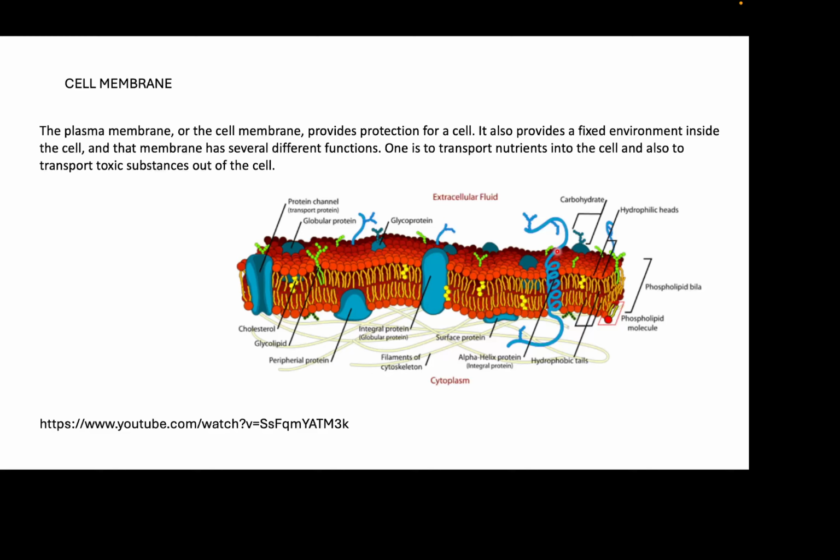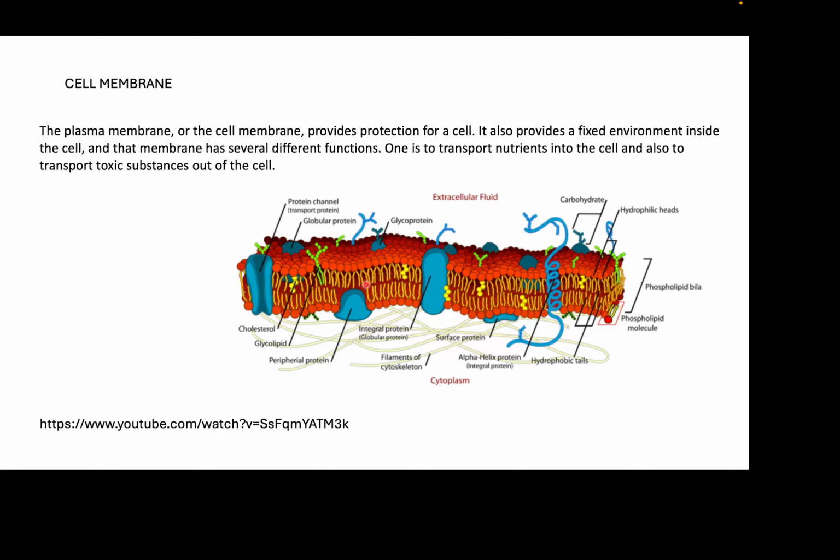Though the cell membrane might look very small and non-functional, right, it is one of the most functionally diverse components of a cell, right? So the cell membrane of living organisms, preferably we'll talk about eukaryotes, so higher organisms, is made up of majorly two parts: the lipidic part and the protein part.